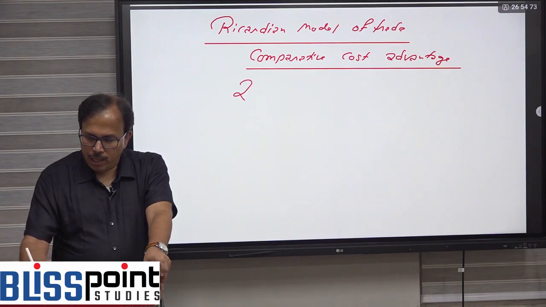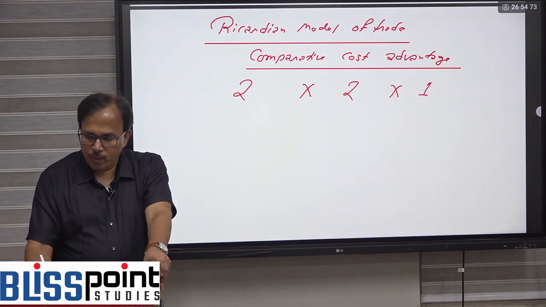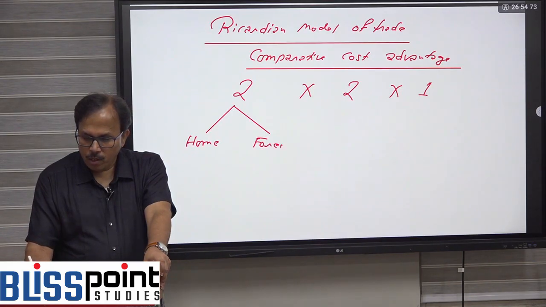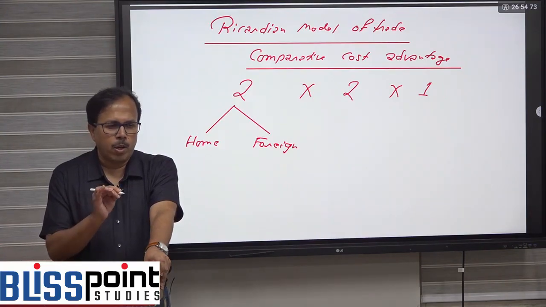See, this model is a 2x2x1 model. What we are going to explain here is that we take two countries, home and foreign. If you are referring to the Krugman book, Paul Krugman, it gives the example in the form of home and foreign.